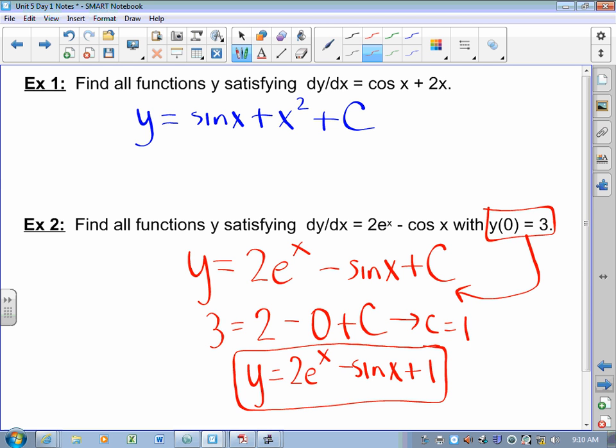So with a plus c, that's a general antiderivative. When we look at a specific function that goes through a specific point, well, that takes all the infinitely many antiderivatives there could be and pins it down.